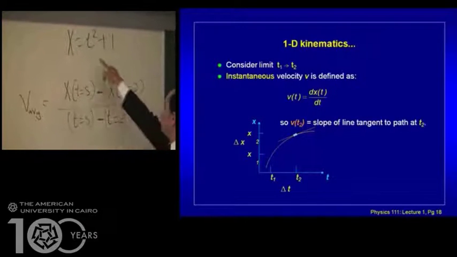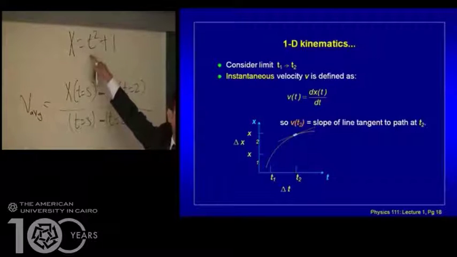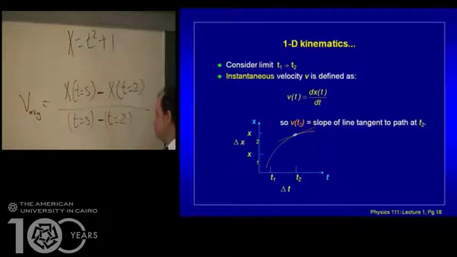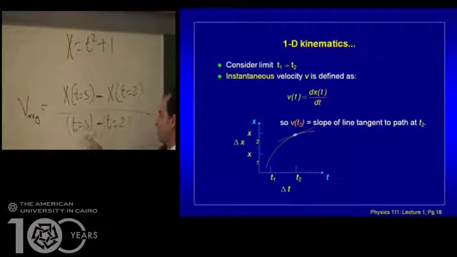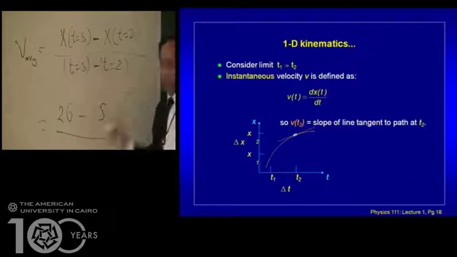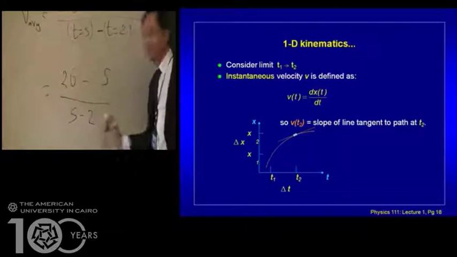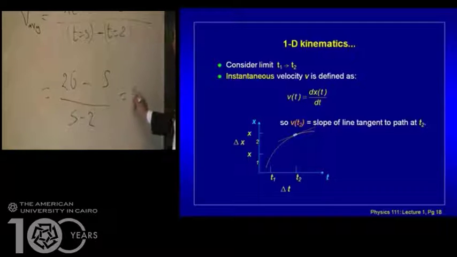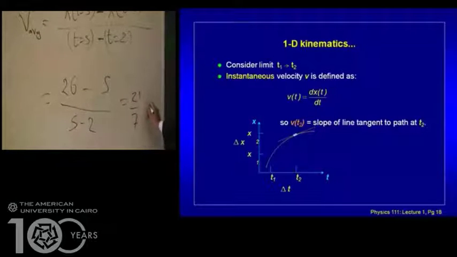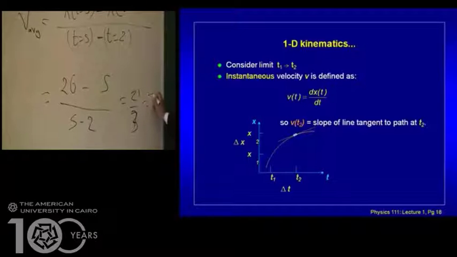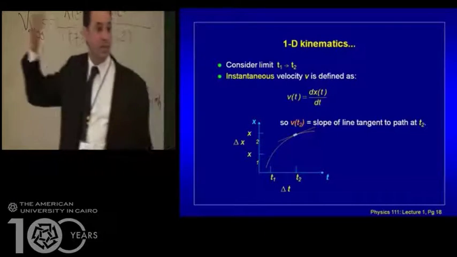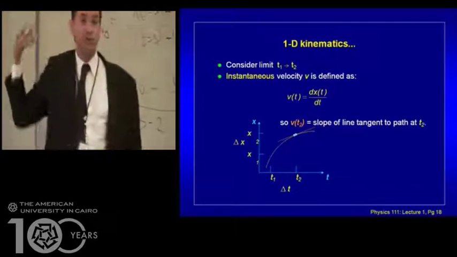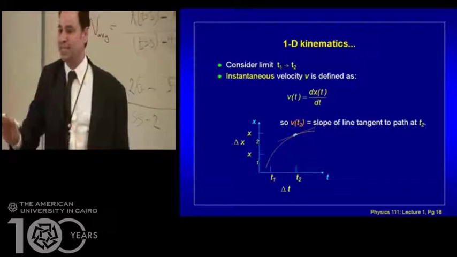Minus, Nagy again, at time equal to 2 seconds. Divided by 5 minus 2. That's 21 over 3. Oh, good. That's 7 meters per second. Okay? That's how they got that 7. So now we know how to calculate the average velocity. That's easy. That's boring.